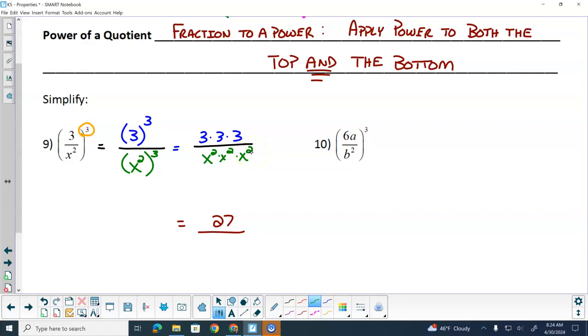So it would be x to the 6th power. Can I cancel anything out in this step? Nope, because these are 3's and those are x's and those aren't the same. So then that's going to be my answer.